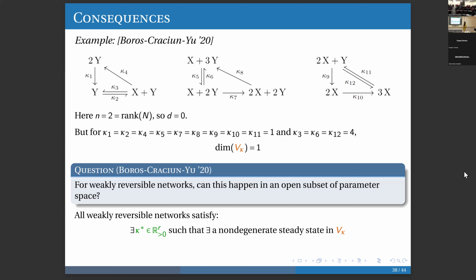Yes. You must have said this, but I missed it. What does this degenerate steady state mean in terms of the system itself? What does it tell me about the system? I'm not completely sure about this, but I think it gives rise to some behavior, like in the dynamics, you can have bifurcations or something like this.